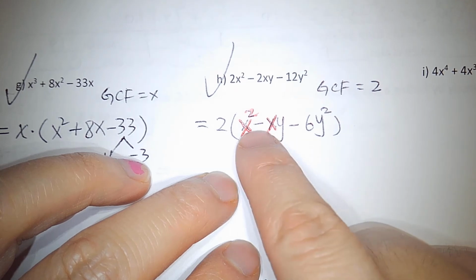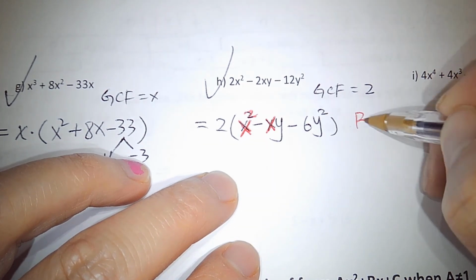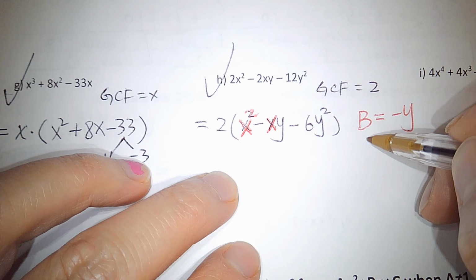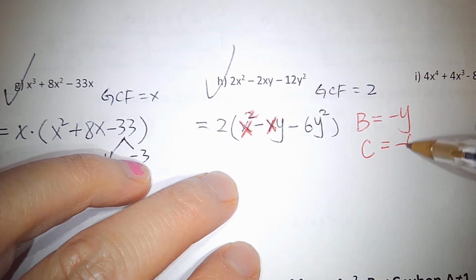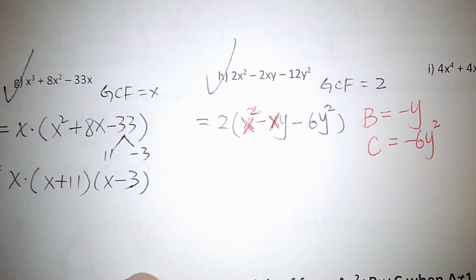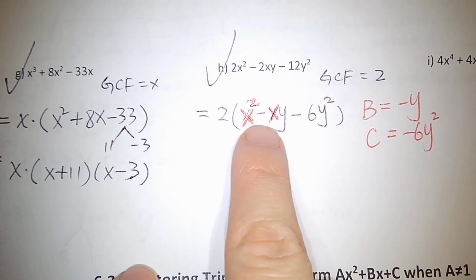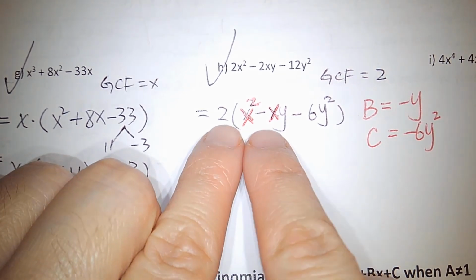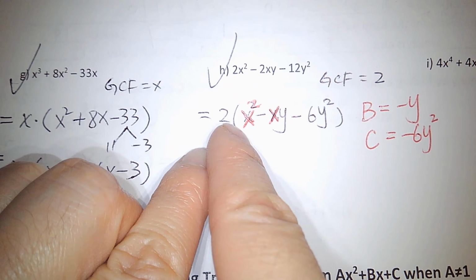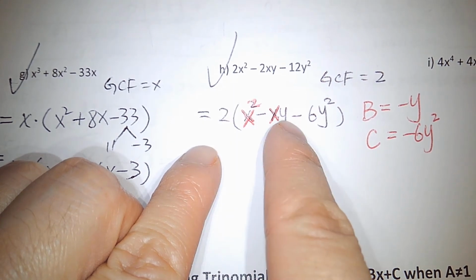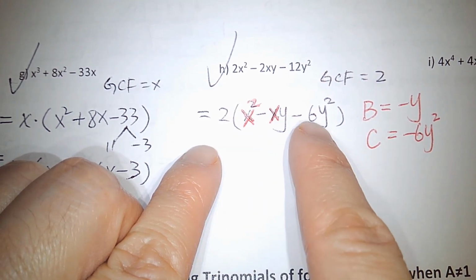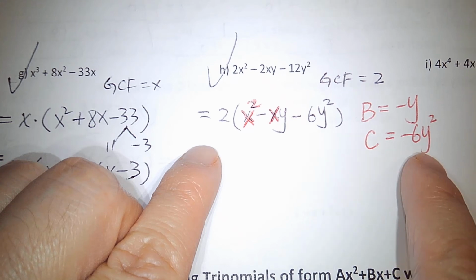What is b? Capital B equals negative y. What is c? Negative 6y squared. So capital A is 1, capital B equals negative y, and capital C equals negative 6y squared.